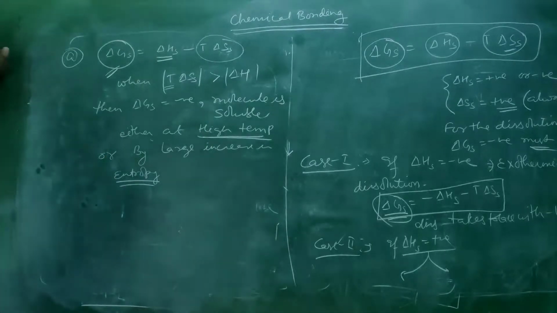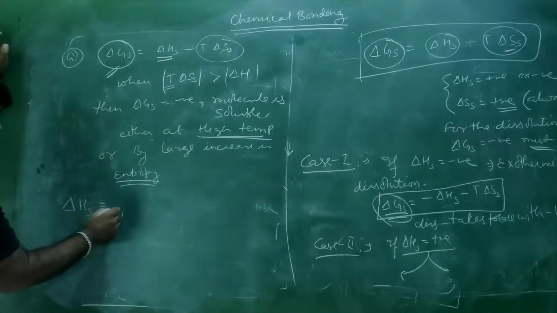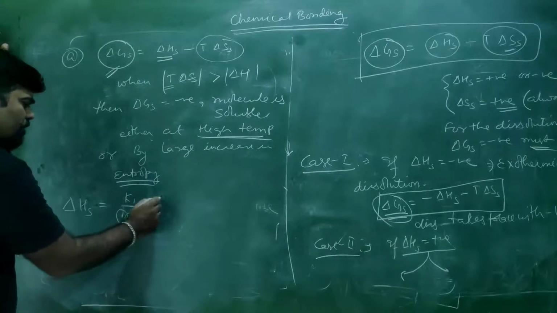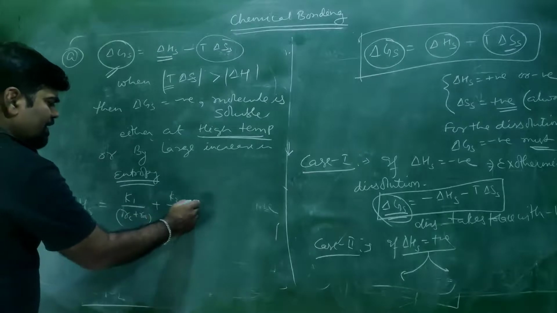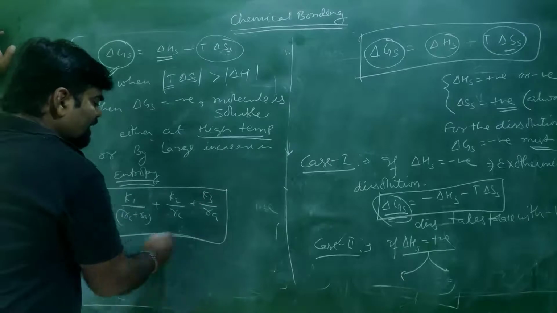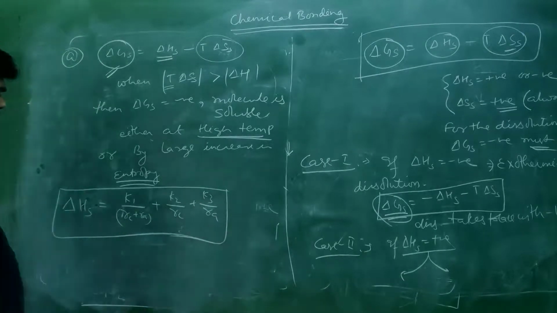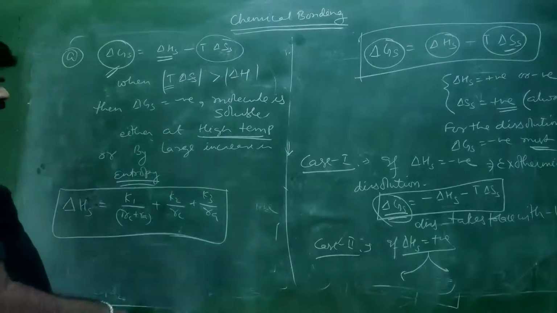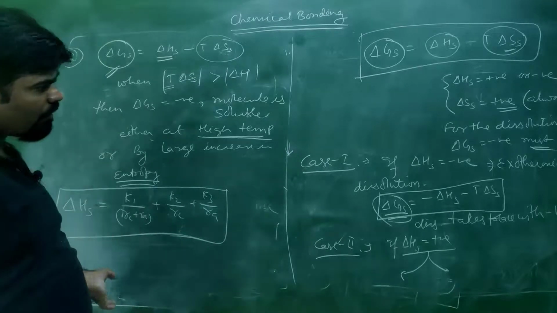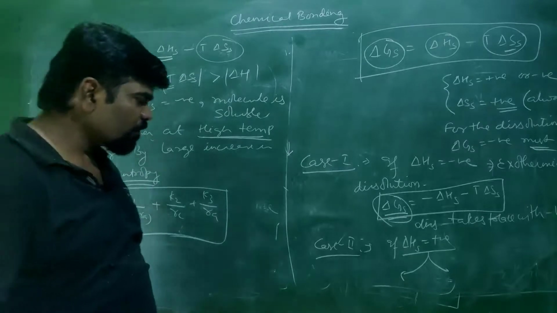The variations of ionic compounds can be explained like this. Del Hs is equal to K1 by Rc plus Ra, as we have seen, plus K2 by Rc plus K3 by Ra. By using this relation we can explain different cases: when the cation is much smaller than the anion, when the anion is bigger than the cation, or when they are comparable.